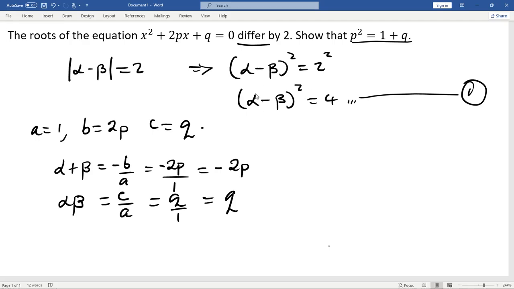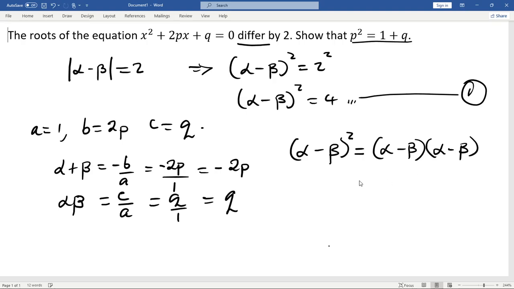We need to find the expression for this, and then plug in the values of alpha plus beta and alpha beta. The expansion of alpha minus beta squared is alpha minus beta times alpha minus beta.